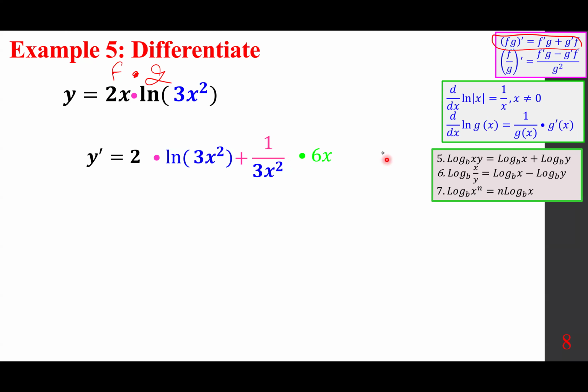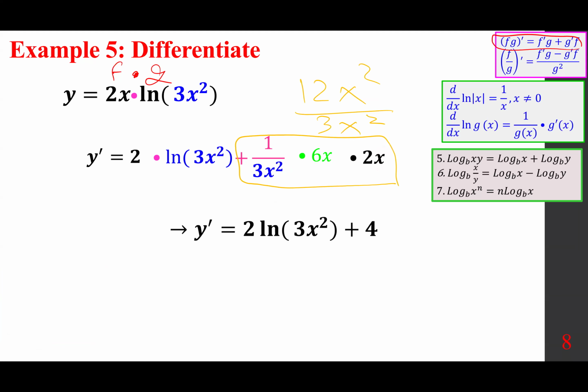Now you need f, times 2x. So you have f prime g plus g prime f, and this entire thing is 12x squared over 3x squared, which is simply 4. So the final answer is y prime equals 2 ln of 3x squared plus 4.